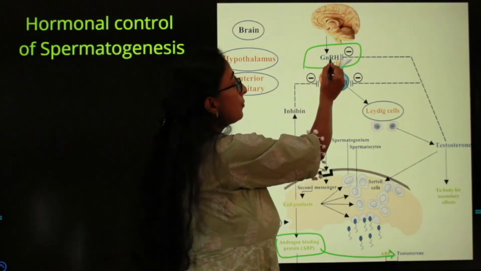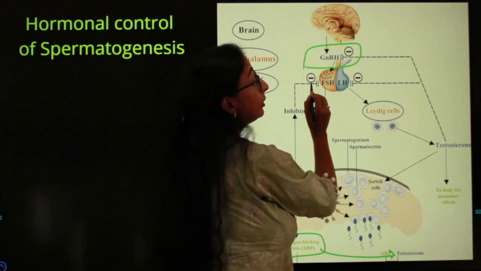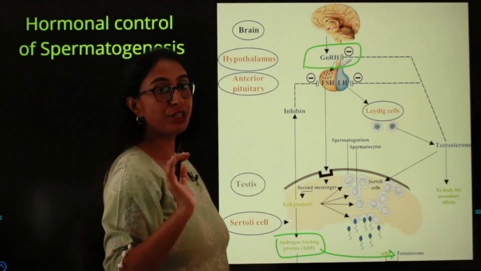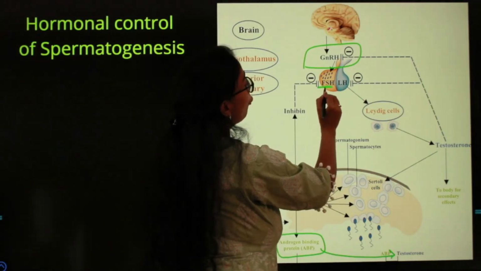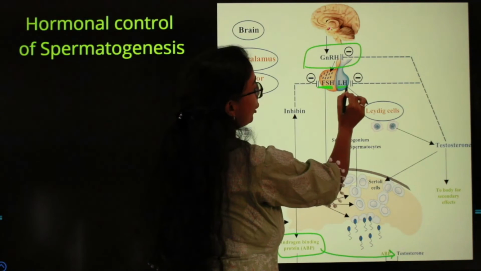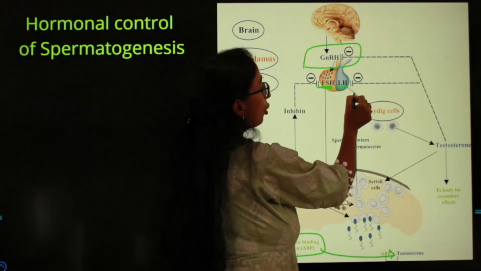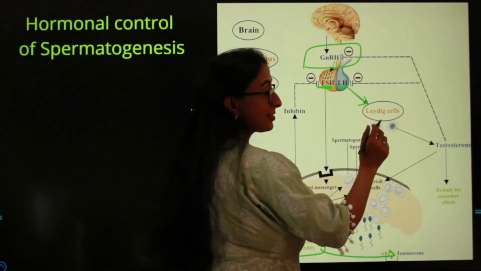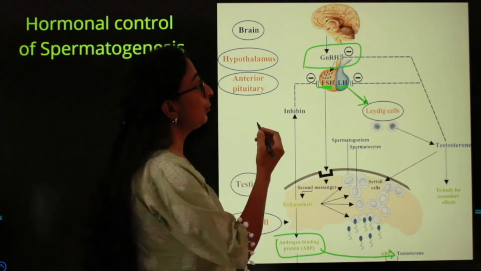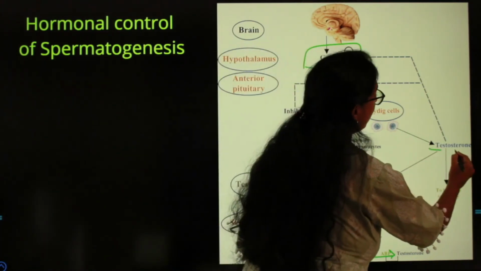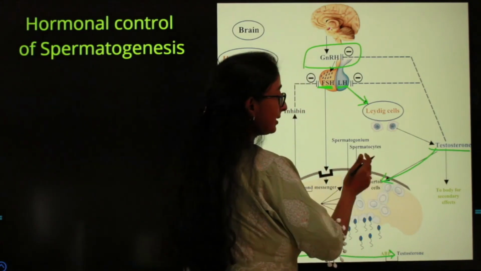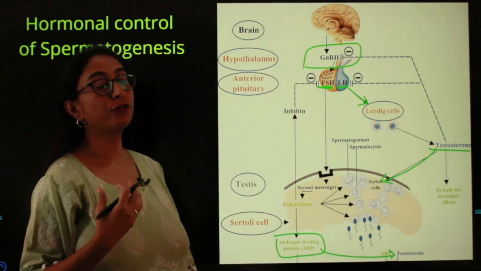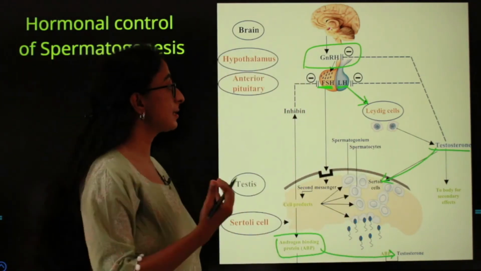It acts on the anterior lobe of the pituitary gland, where it stimulates the synthesis of follicle stimulating hormone and luteinizing hormone. Luteinizing hormone acts on the Leydig cells of the testis to induce the synthesis of testosterone, and that testosterone acts on the Sertoli cells, which are an essential component of spermatogenesis.